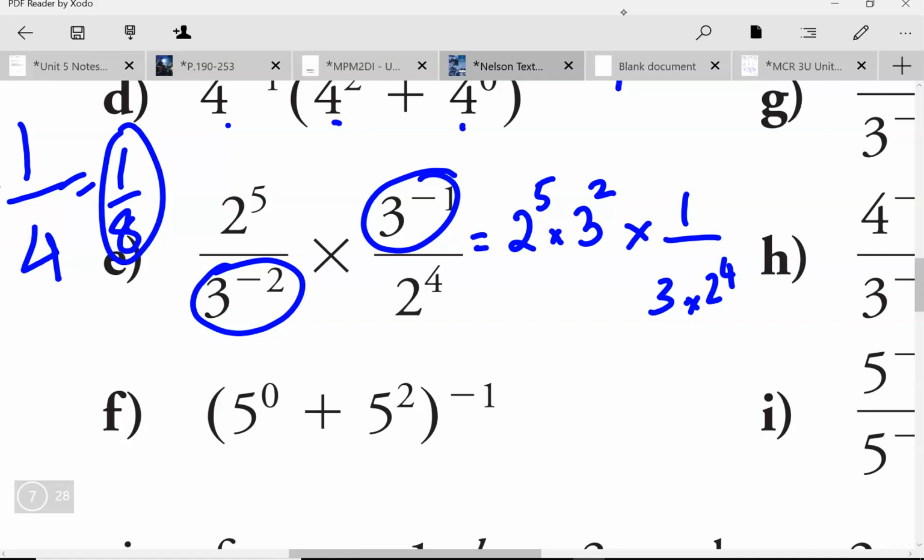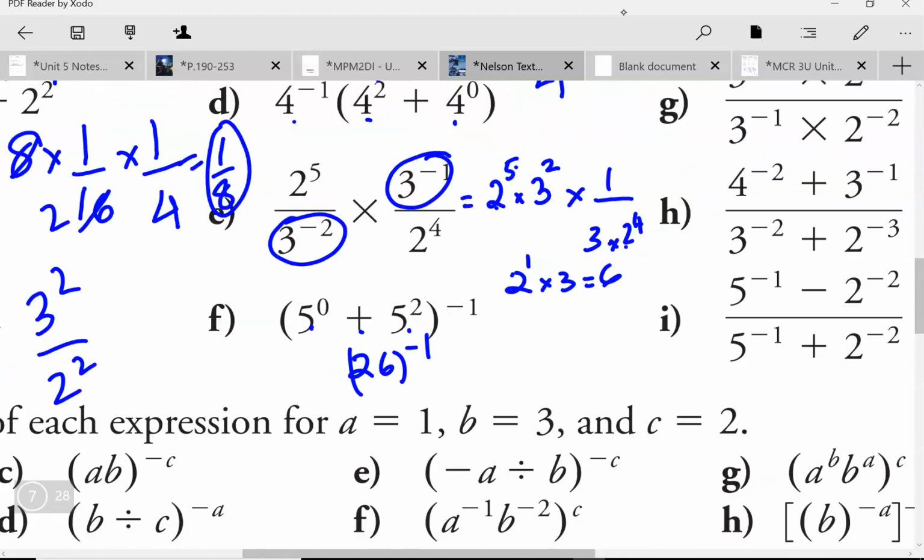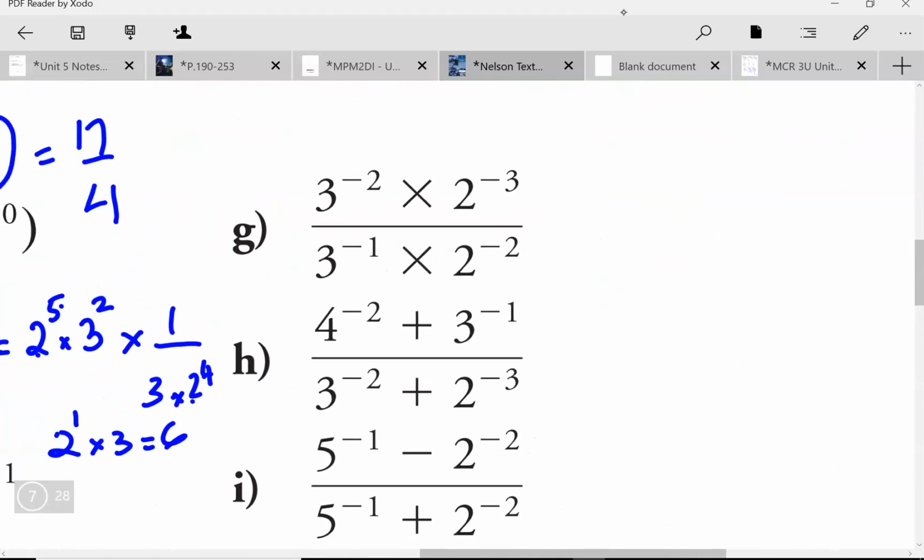So realistically, in the numerator I have 2 to the power of 5, denominator 2 to the power of 4, so that's just 2 to the power of 5 minus 4, 3 to the power of 2 minus 1, so that's 6. This is just 1 plus 25 is 26 to the power of negative 1, which is 1 over 26.